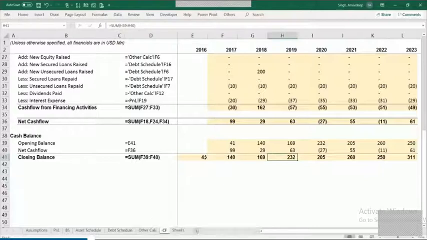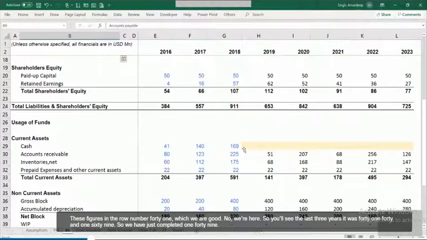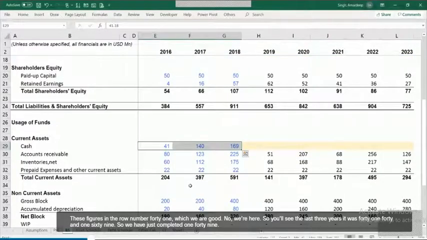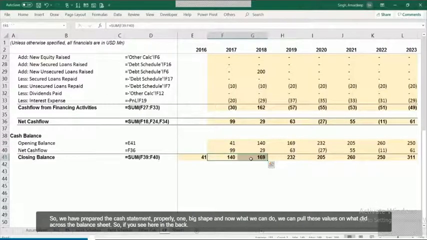And if you see, we've got these figures in row number 41, which we are going to flow over here. So you see the last 3 years, it was 41, 140, and 169. So we have just computed 140 and 169. So we have prepared the cash flow statement properly. At least this is one quick check. And now we can pull these values and put them across in the balance sheet.